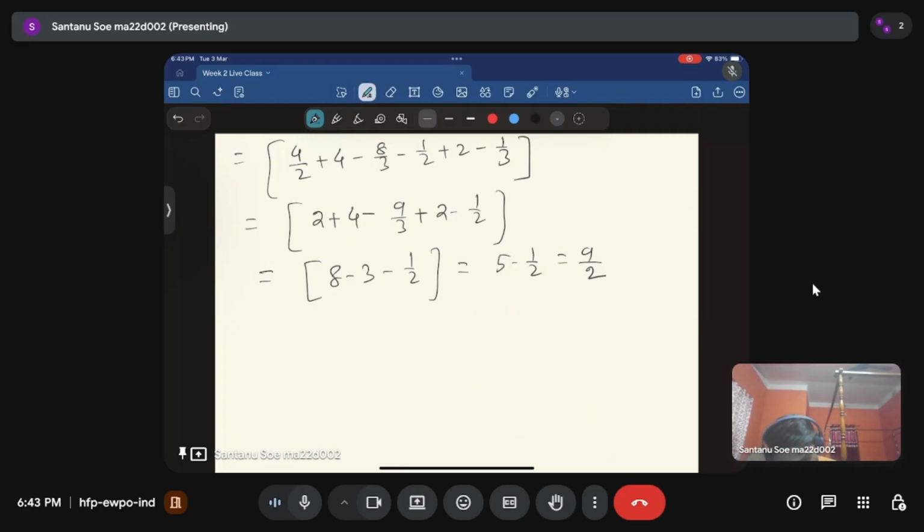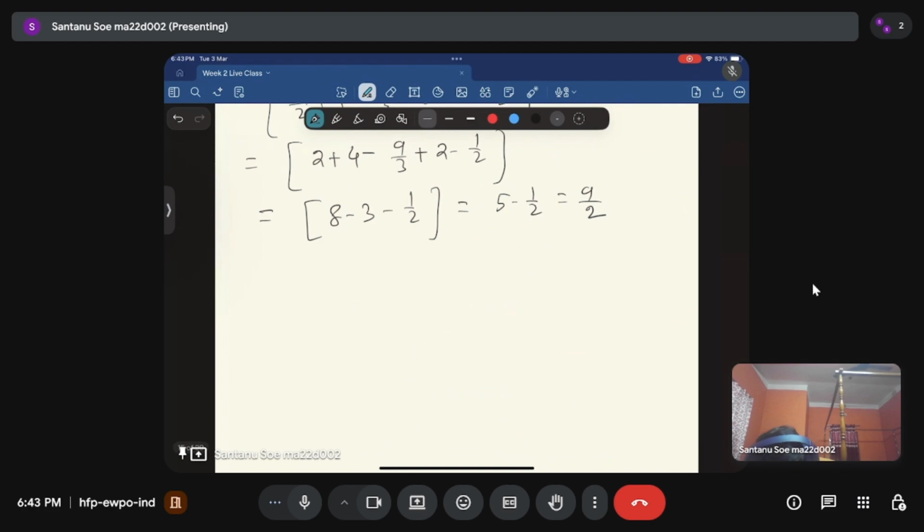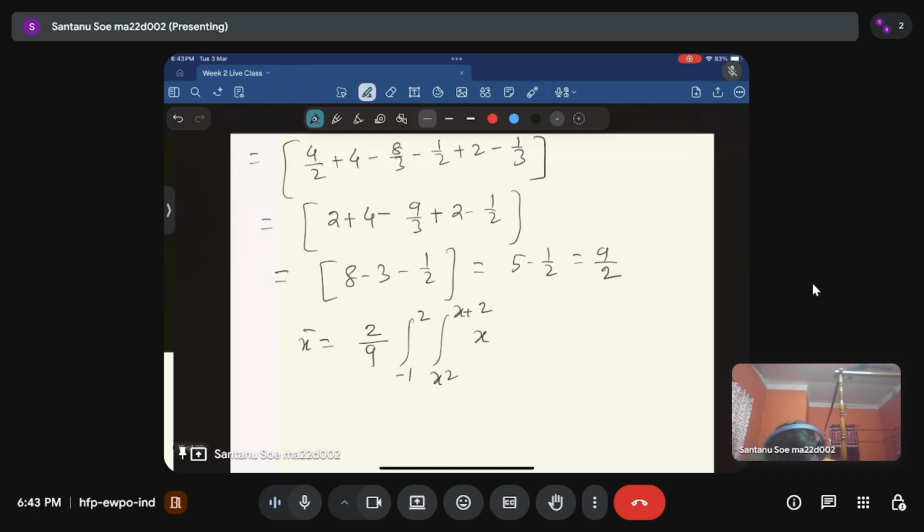So now the formula for x bar is given by 1 by m, so it will be 2 by 9. Similarly, minus 1 to 2 and x squared to x plus 2 and x times rho dy dx.